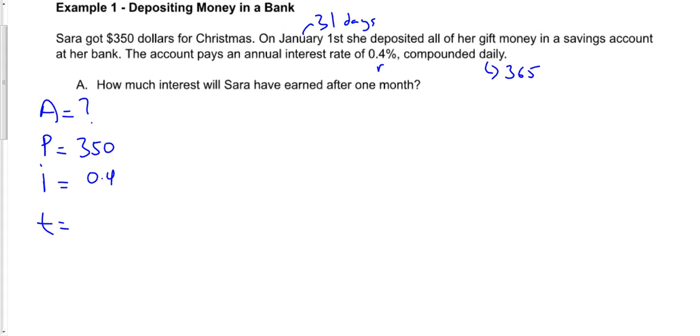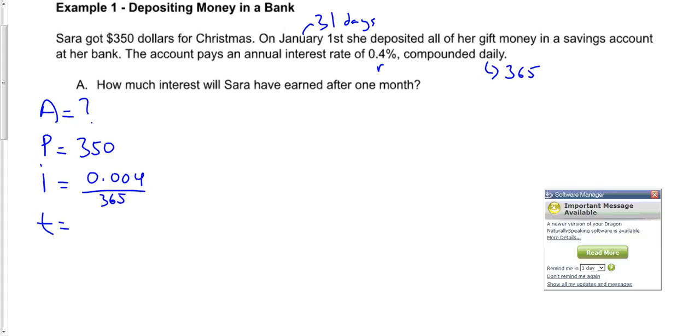Oh, I want to convert that into a decimal first. So I would do 0.4 divided by 100, which gives me 0.004, divided by the number of compounding periods per year, which is 365.